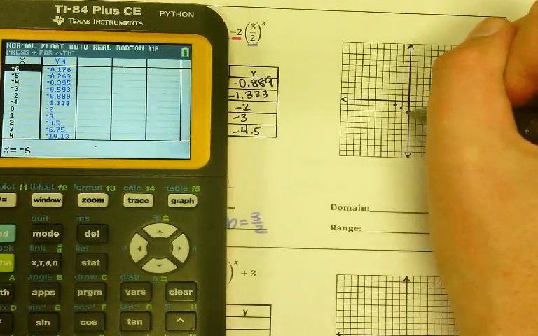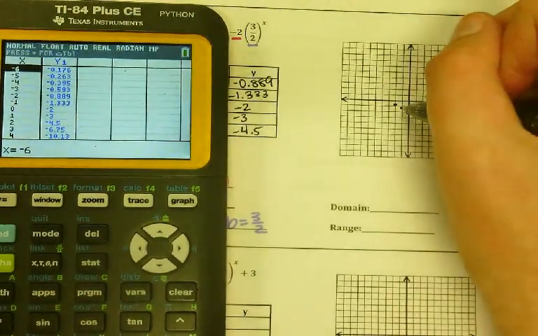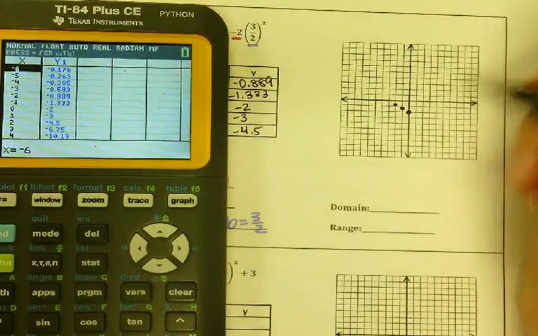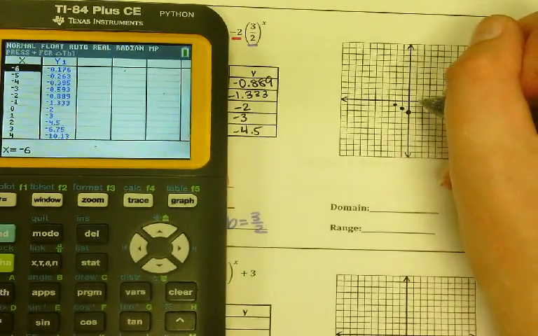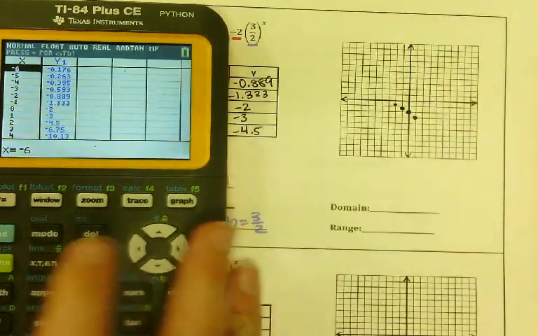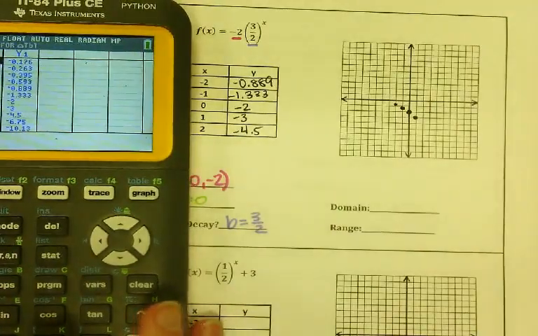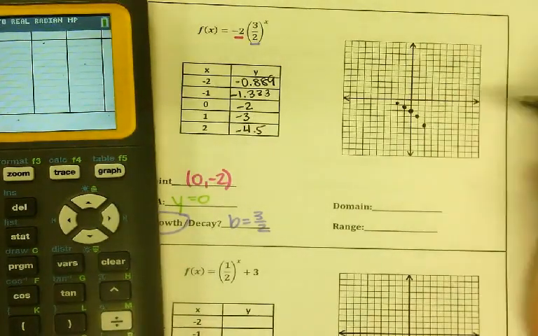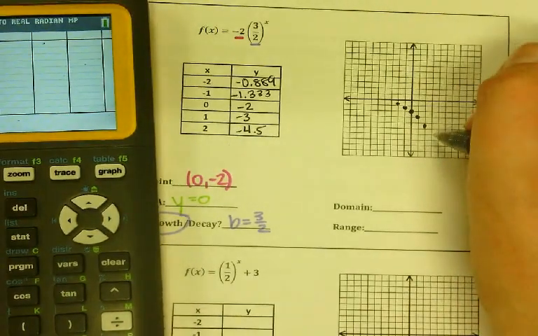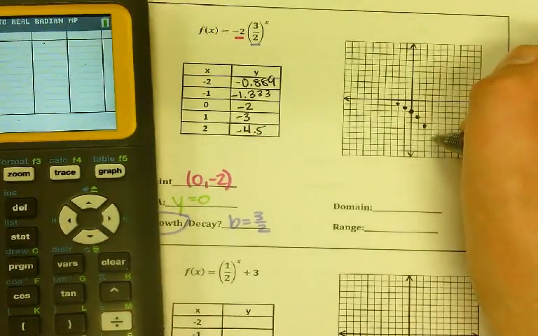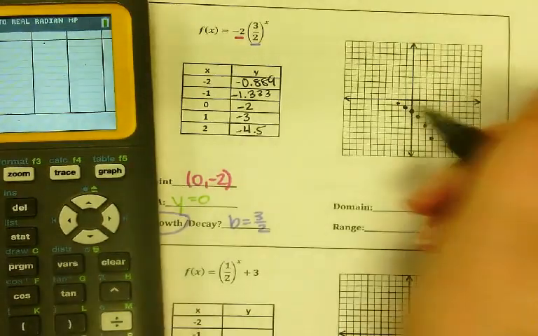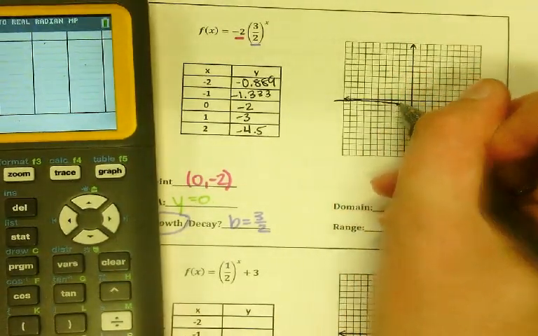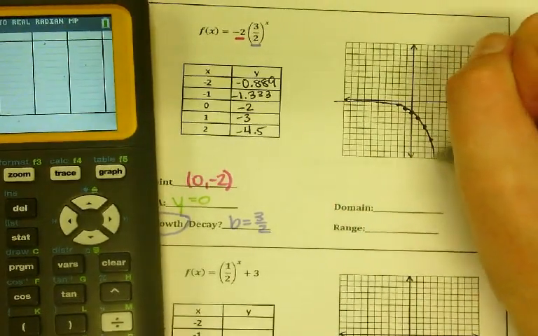Oh, I should have started with my y-intercept, -2. There we go. And then 1, -3. And then 2, -4.5. And I think that one's 6.75? There we go. So guys, this is generally what your curve is going to look like.